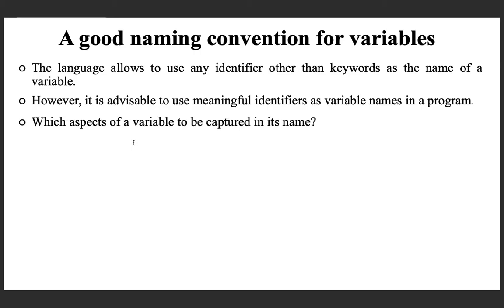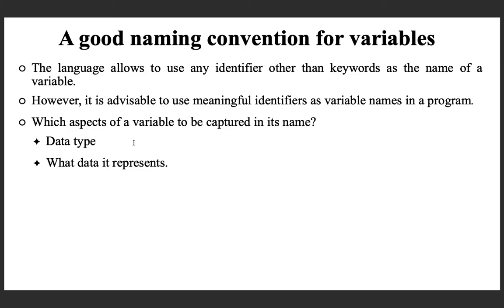Now the question: which aspects of a variable should be captured in its name? What do you mean by a good naming convention? Which aspects of that data item need to be captured in the name? According to my opinion, the first aspect is data type. You have to say whether it is a decimal integer, an octal integer, a floating point value, a string, or a character. If you can show it as a part of the variable name, it would be nice. Then the second thing is what data it represents.